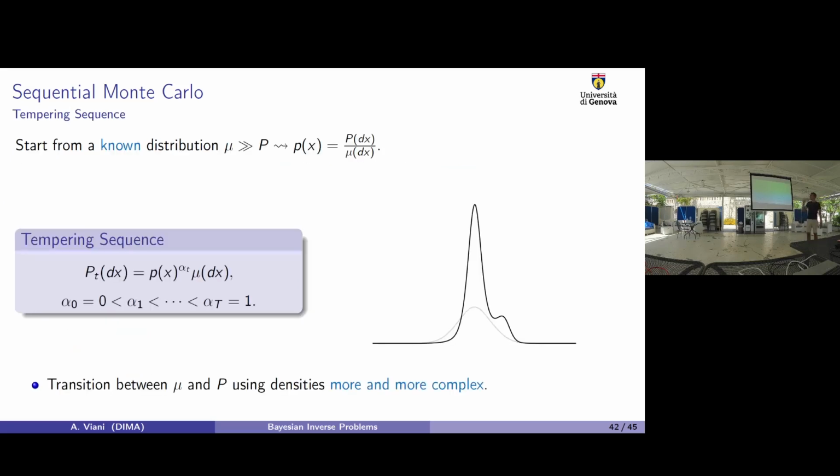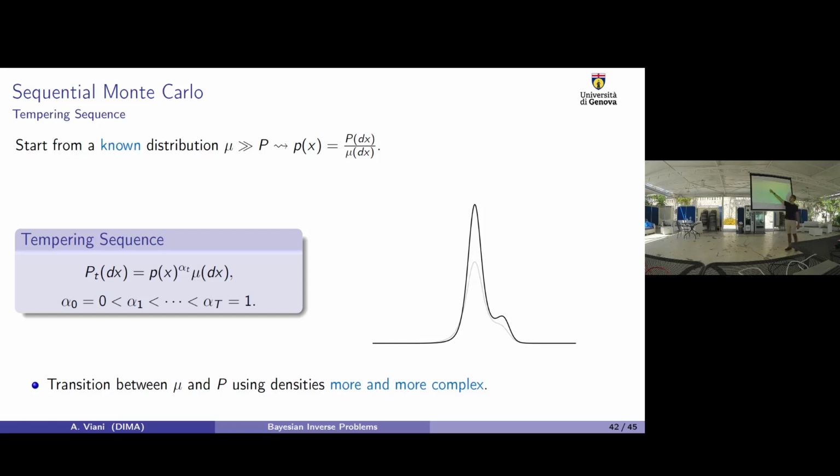Okay, you cannot see here a little movie, but there is, trust me, a distribution that starts as a Gaussian distribution and then modifies into the posterior one. This is the same posterior that we saw in the previous example. And the most common sequence used for importance sampling, not most common, but widely used, is the so-called tempering sequence.